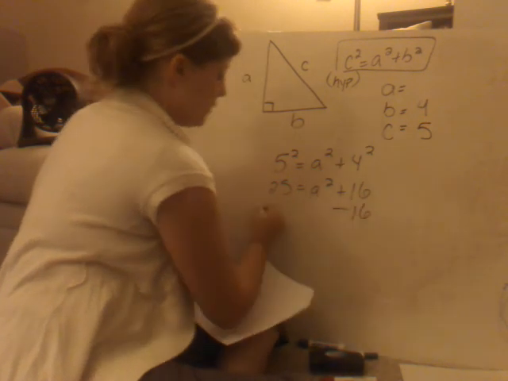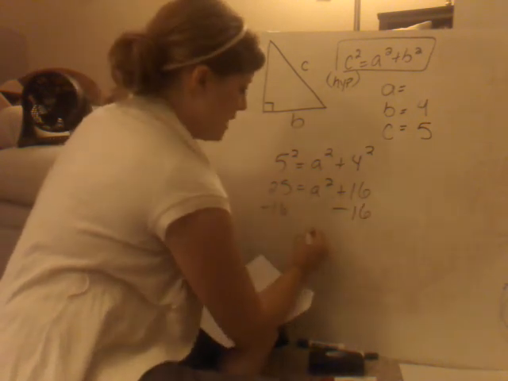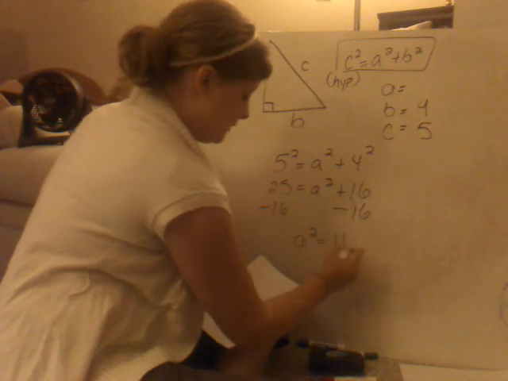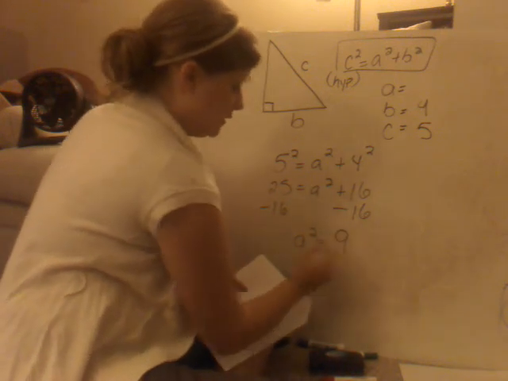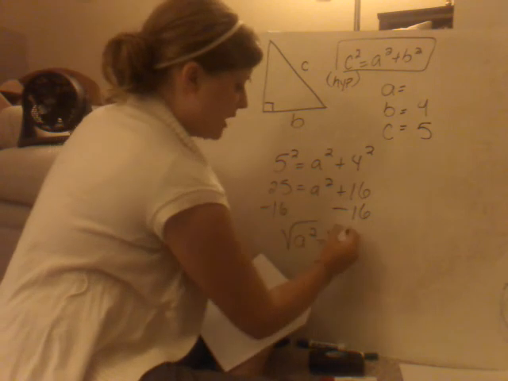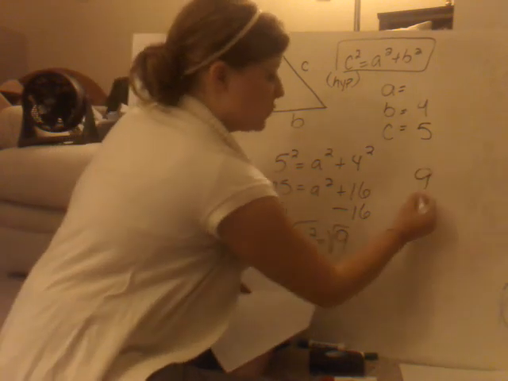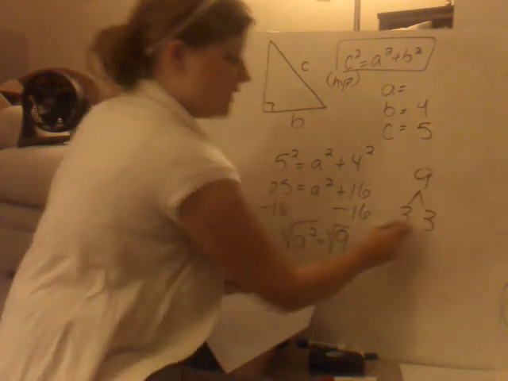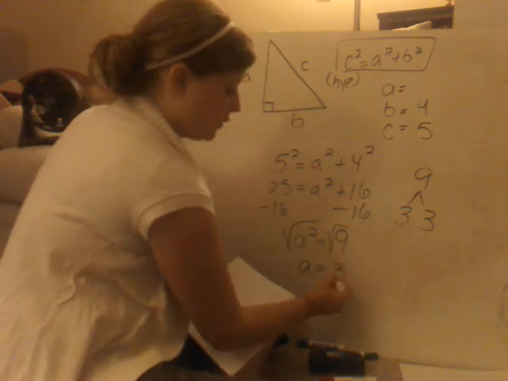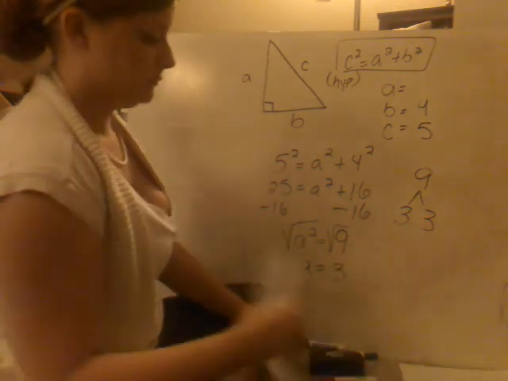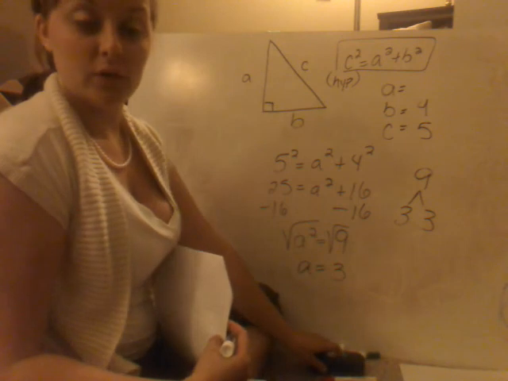Subtract 16 from both sides. A squared is equal to 9. So I take the square root of both sides. 9 is 3 times 3. So I have 2 3's, I can take one out. So I have A is equal to 3.